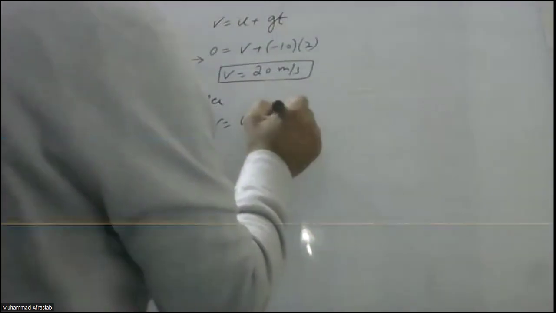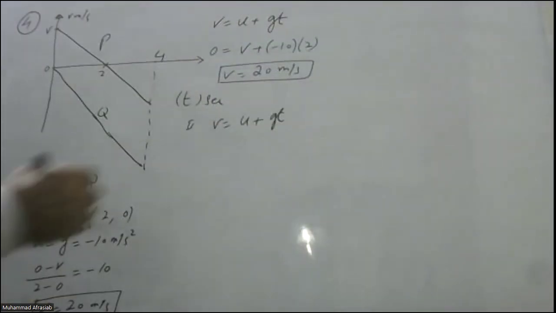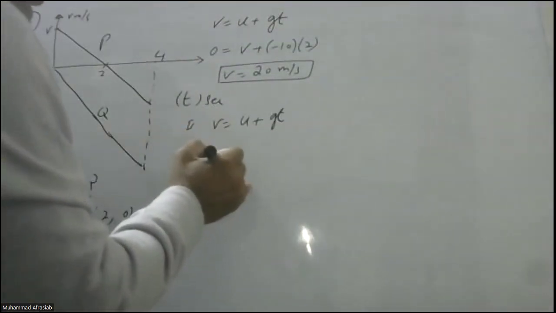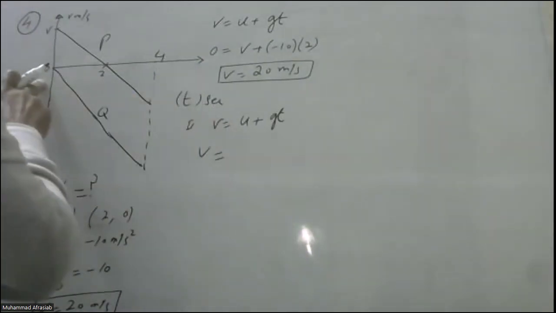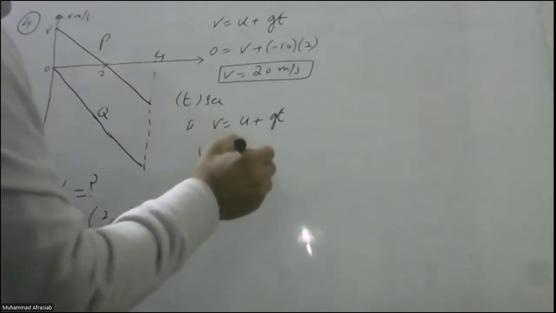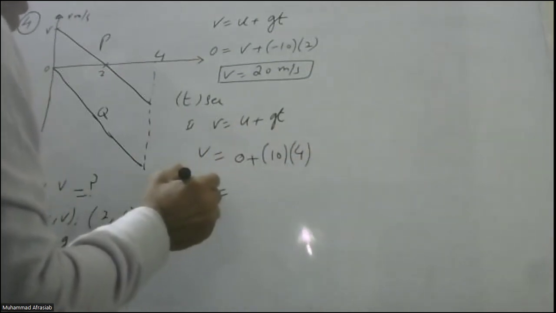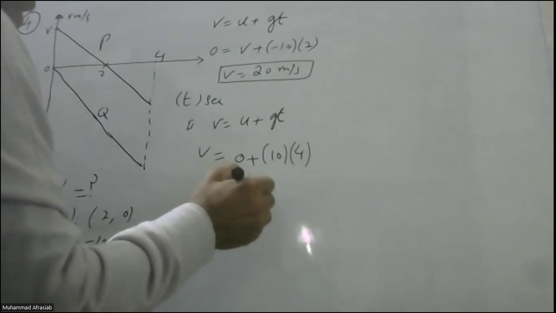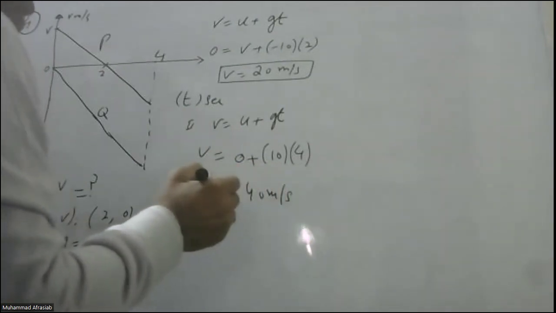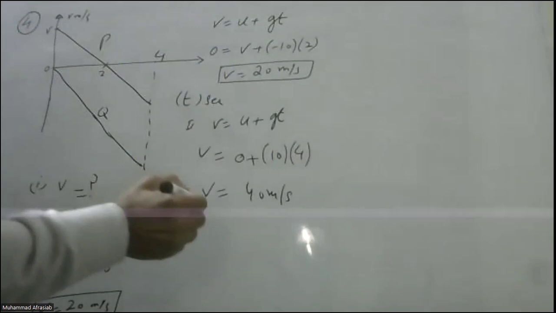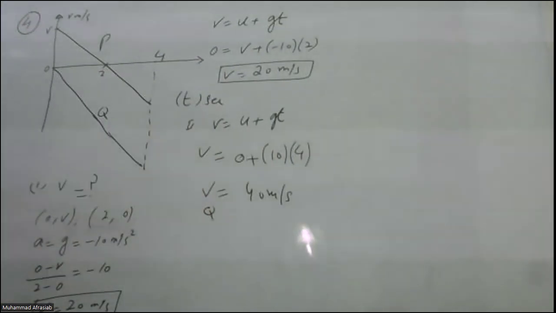Since Q takes 4 seconds to reach the ground, v is equal to u plus gt, where Q is starting from rest. So u is 0, g is 10, and t is 4. So that speed will be equal to 40 meters per second for this particle Q.